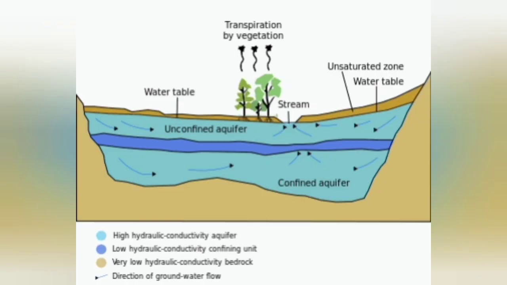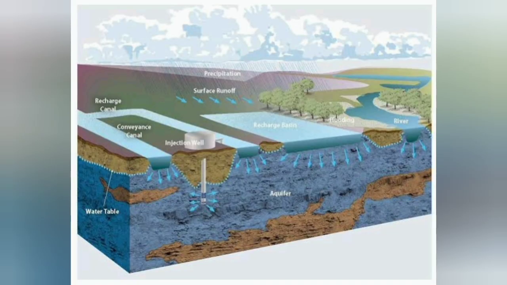The structures required for recharging groundwater reservoirs are of very small dimension and cost effective. They are like check dams, percolation tanks, surface spreading basins, some pits, subsurface dikes, etc.